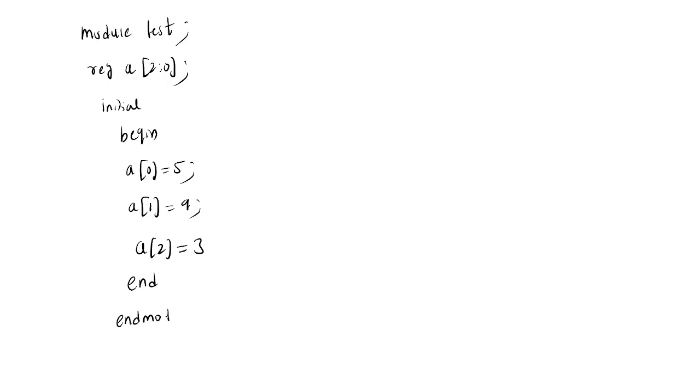So in the array, what will be stored? Tell me. Three locations will be formed, 0th to 2nd.